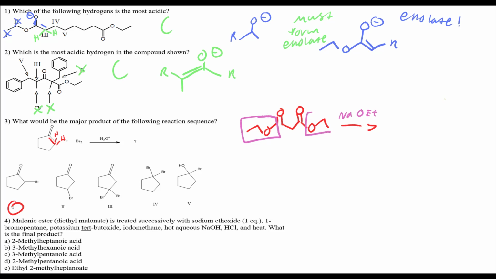And so what sodium ethoxide does is that it removes these ethyl groups, okay? And what it changes it to is a carboxylic acid. So whenever you treat a compound that has this structure, with the oxygen with an ethyl on it, you're going to make a carboxylic acid. So here's going to be my new compound.